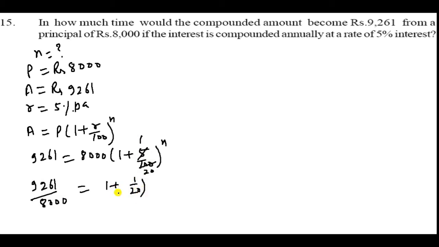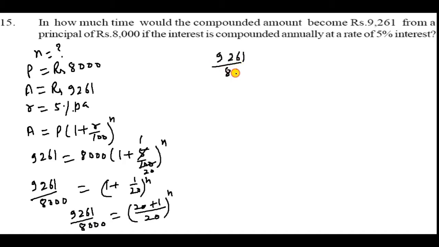So 9,261 divided by 8,000 is equal to (1 plus 1 upon 20) whole power N, taking their LCM as 20, so (20 plus 1) upon 20 whole power N.